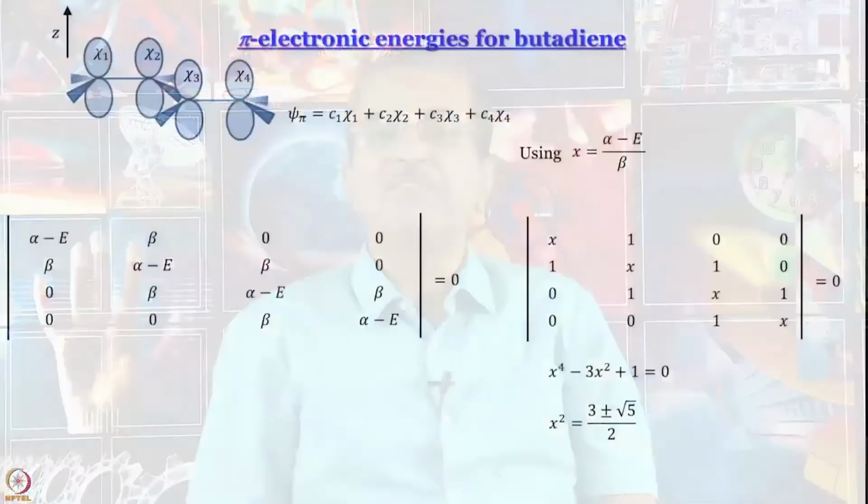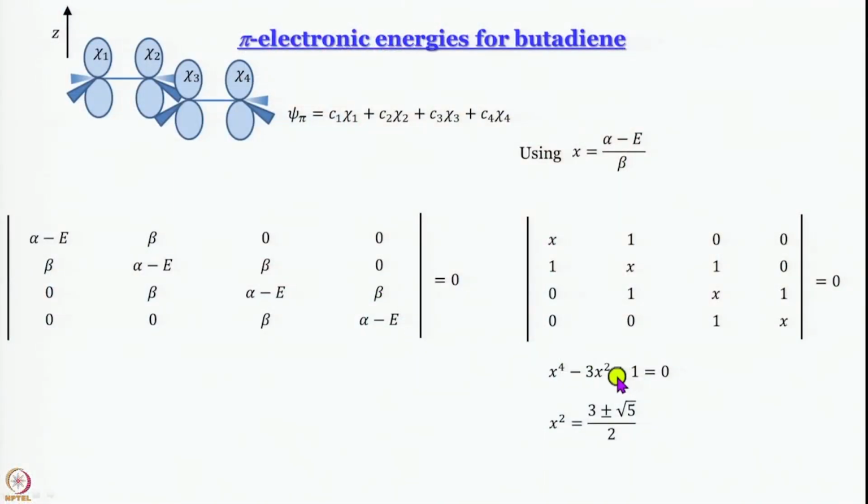Do that and you get this value for x square, 3 plus minus root 5, divided by 2. And now you know what x is, just take square root in these 2 cases, you get 4 answers, you get plus minus 1.61804 and plus minus 0.61804, okay.